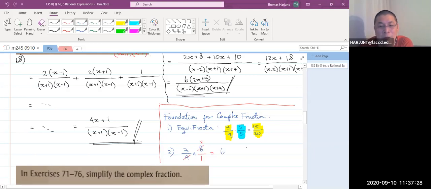Now let's try again. Suppose I have 5 over 6 multiplied by 24. What will this be?